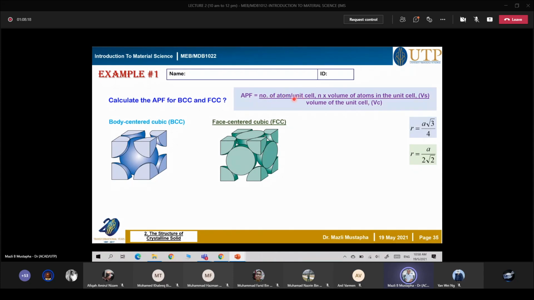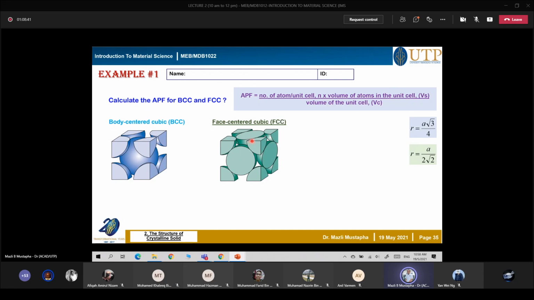We have proved that for the body center cubic we have two. I think everybody agrees. For face center cubic we have four. We have proved it like before. But if you have a query, just let me know. Okay, and then times the volume of atoms in the unit cell.